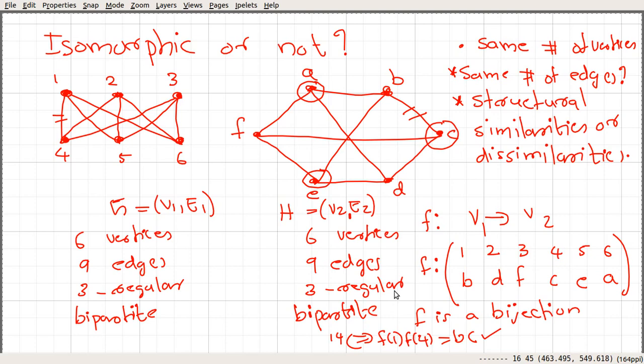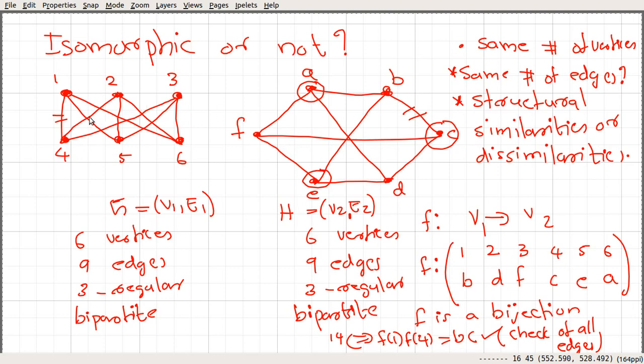Okay, and so check for all edges. I am not going to do all the steps here. Check for all. So you can see that the adjacency is preserved for each pair of vertices here.